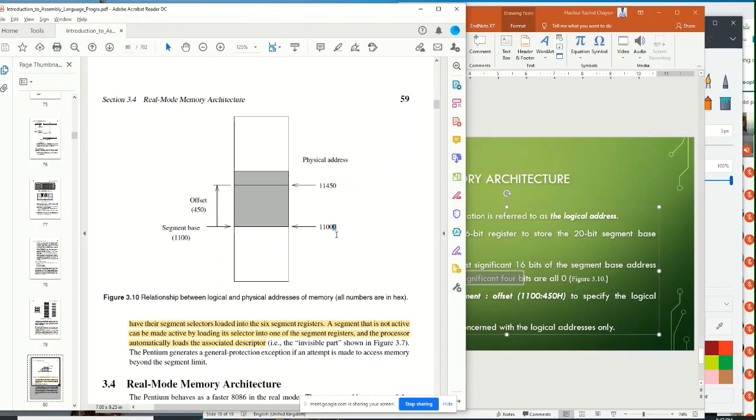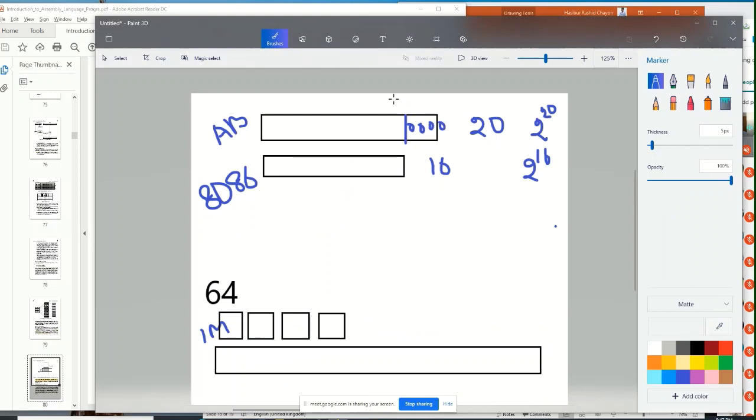By the way, 0 in hexadecimal number means 0000 in binary. Now how many digits do we have here? 5. If each digit gets 4 bits of binary number, altogether we have 20 bits, right? That's how we can fill from the 16-bit address into the 20-bit address bus, by filling up 0000 into the least significant bits, not the most significant bits.